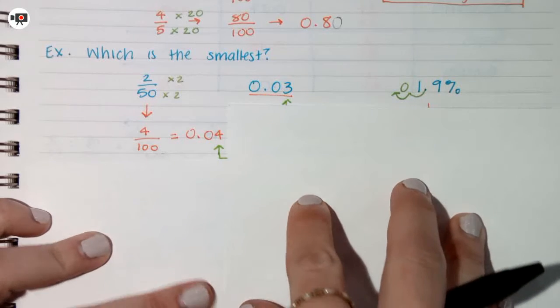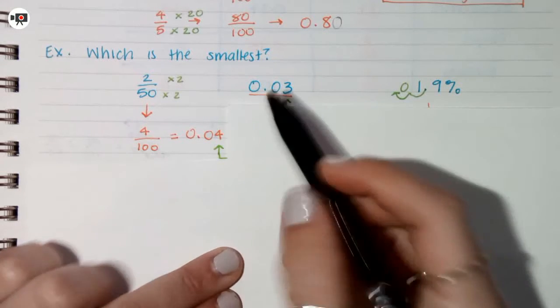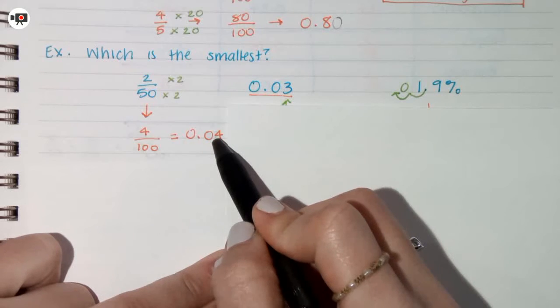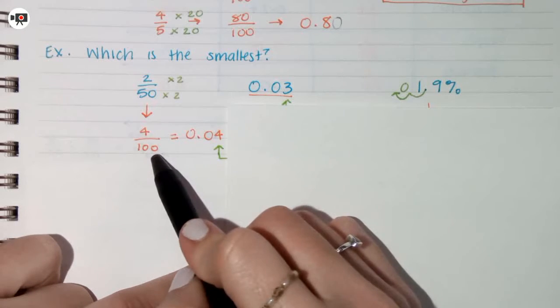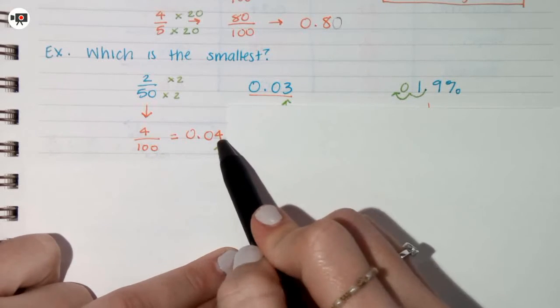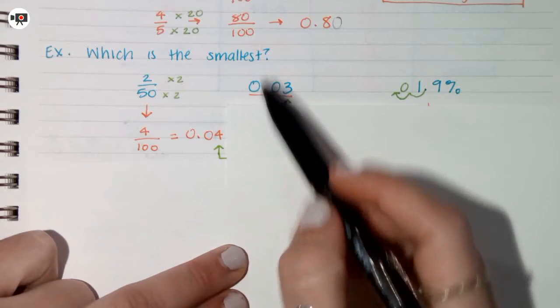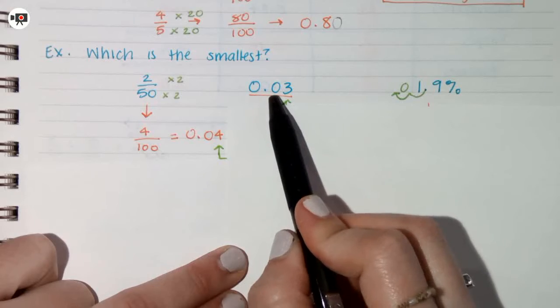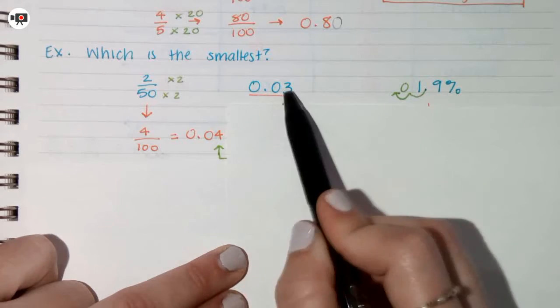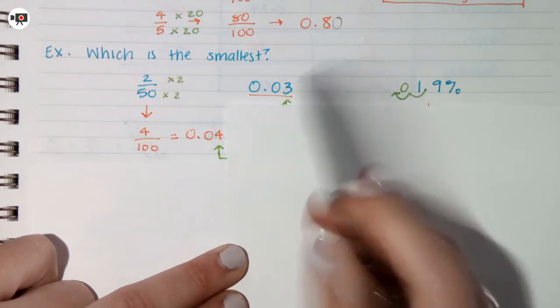That would be 0.04 as a decimal. This is 4 hundredths, so I know my 4 goes in the hundredths place. 0.03 is already a decimal. I converted the other one into a decimal, so I'm going to leave that the same.